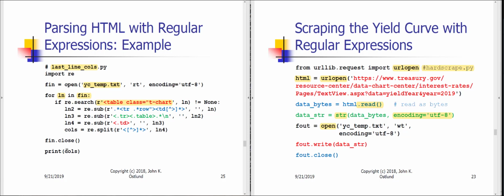I'll close my input file and display the columns. And that should be the columns of data for September 20th of 2019. Now, obviously, there's a lot of detail going on there, but let's just run the program first to see whether it does what I claim, and then we'll come back and analyze it more carefully. Here is my program.